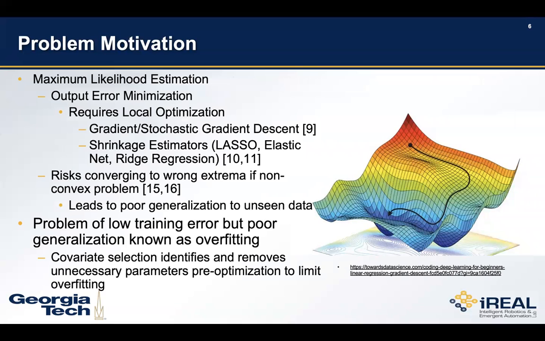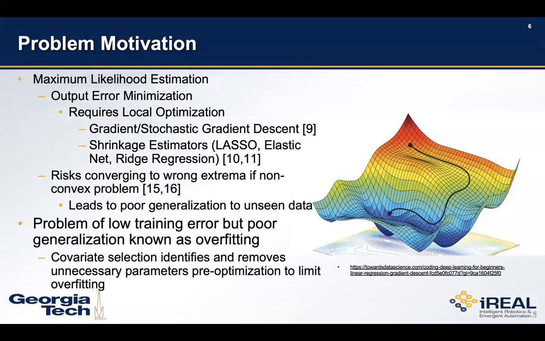Output error minimization, like many other techniques, requires a local optimization routine, which can cause us to converge to the wrong extrema if the problem is non-convex, which is very common with nonlinear systems. The risk of converging to the wrong extrema is that it leads to poor generalization to unseen data.